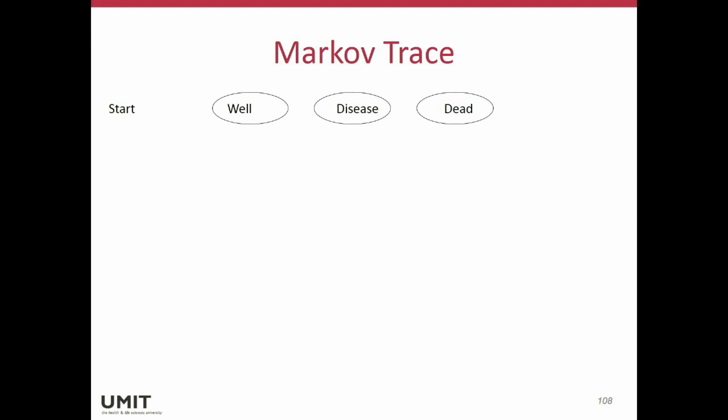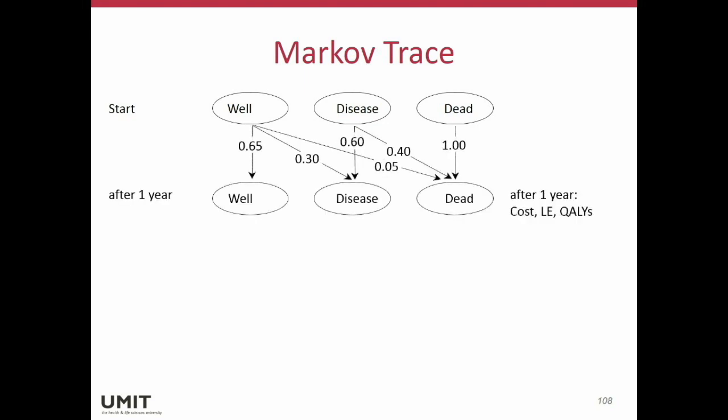Now let's see how we evaluate a state transition cohort model. So we start with our distribution of the population among the health states well, diseased, and dead at the beginning. And next, we look at what happened after 1 year, taking into account the transition probabilities that we attached in the so-called bubble diagram.